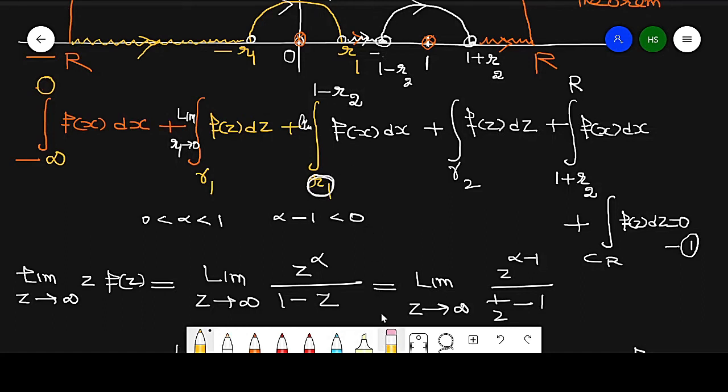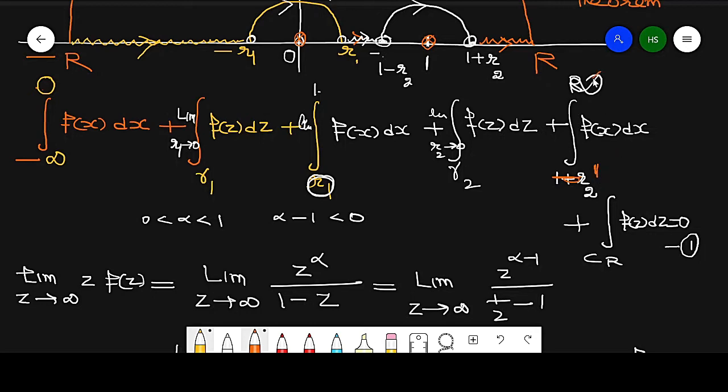Again gamma 2 at this place, the limit of r2 approaches 0, so this limit is 0, and this is 1 to infinity. This will become infinity and this will become 1.